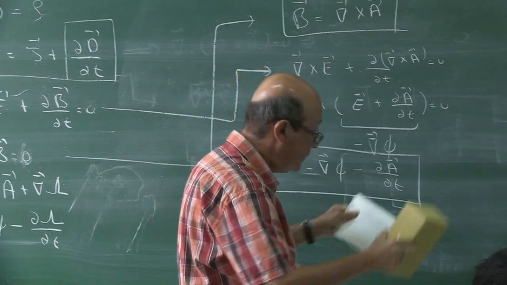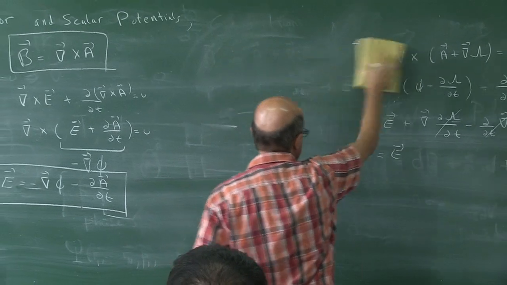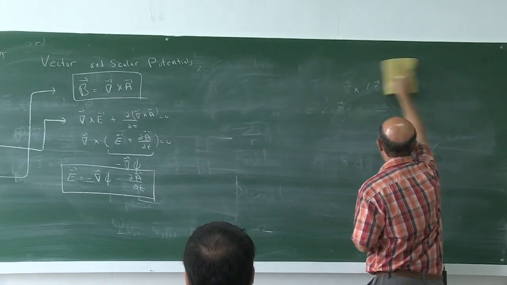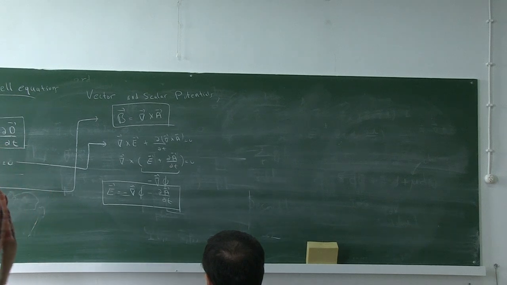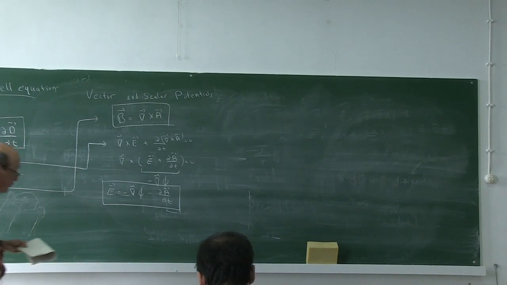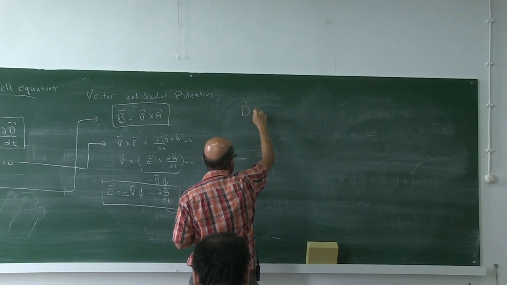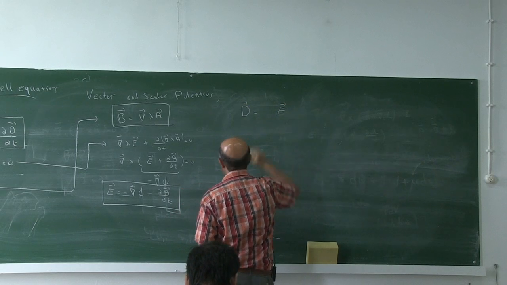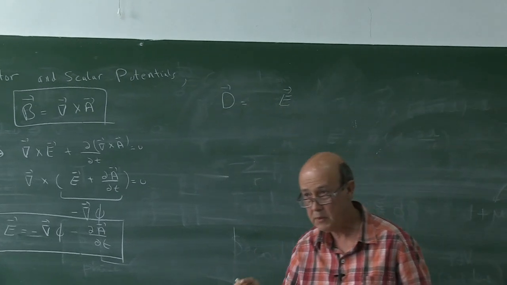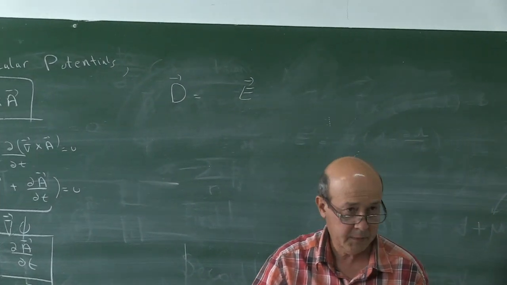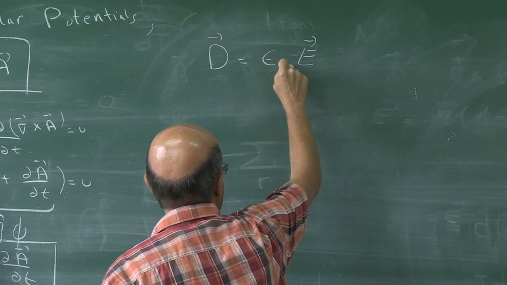The next thing, put these potentials into Maxwell's equations and find Maxwell's equations in terms of potentials. So let us go to the vacuum. Electric displacement is related to the electric field. What is the proportionality constant? It is epsilon, the permittivity of space. For vacuum, that is epsilon 0.